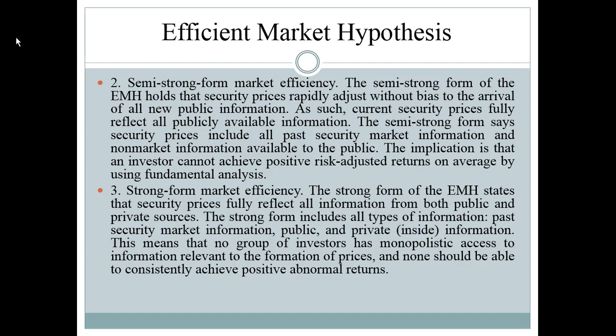This means that no group of investors has monopolistic access to information relevant to the formation of prices, and none should be able to consistently achieve positive abnormal returns. Okay, it is not possible to achieve abnormal returns using information, because all the information is available to all the investors. All information that is public or even private information.